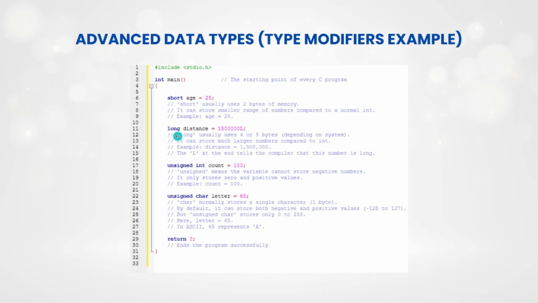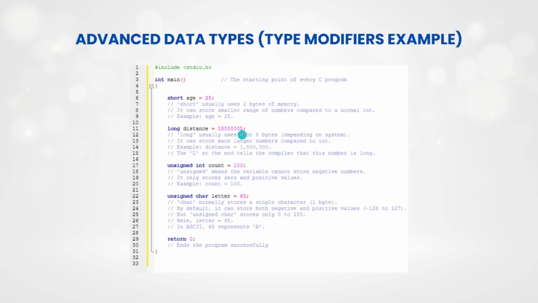Next we have long, a data type long with a variable named distance. Long usually uses 4 or 8 bytes depending on the system. It can store much larger numbers compared to int. An example here is distance equals 1,500,000.